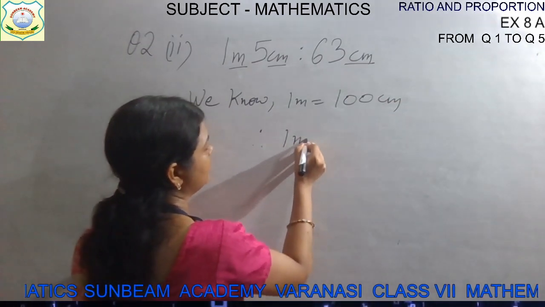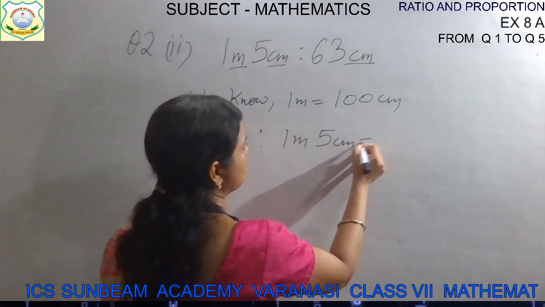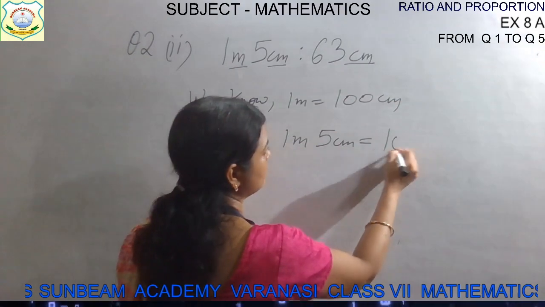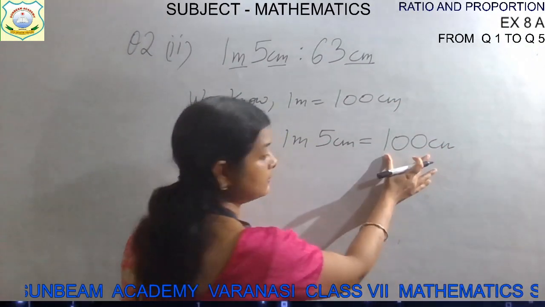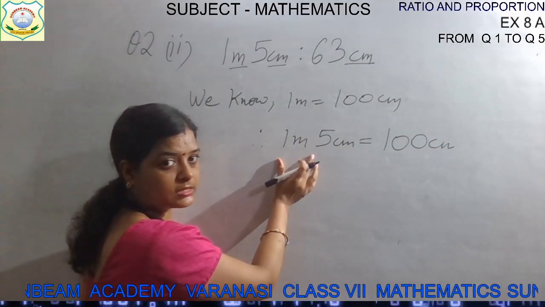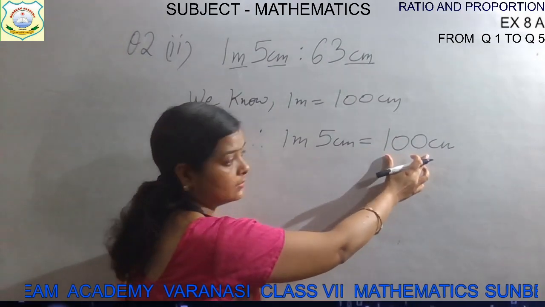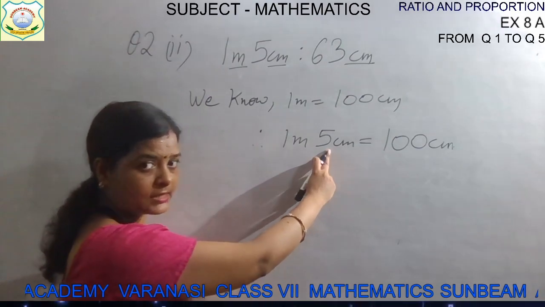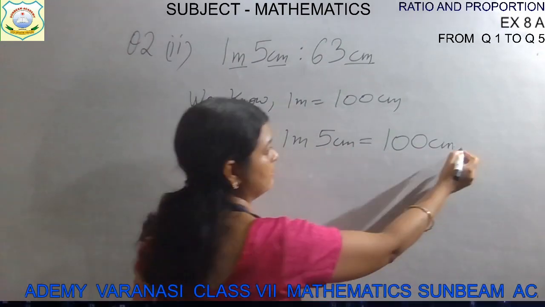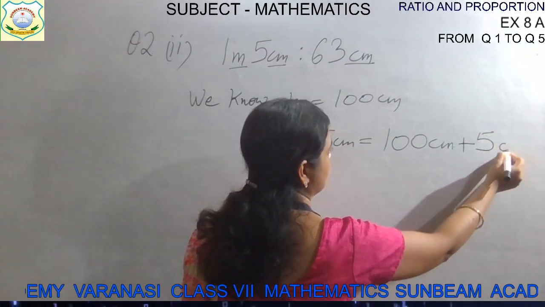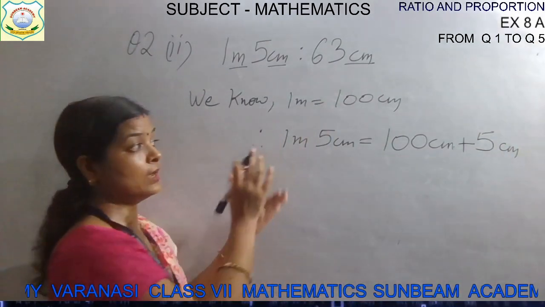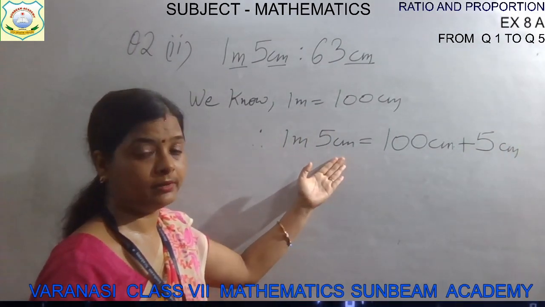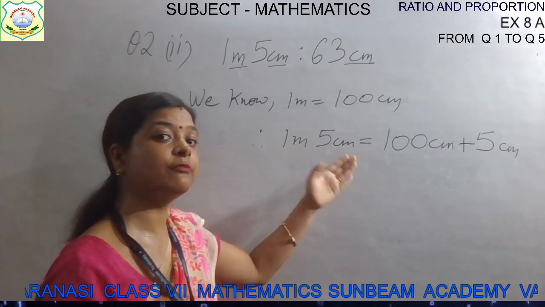Therefore, 1 meter and 5 centimeter is equal to, 1 meter will be converted into centimeter. And 5 centimeter is always in centimeter, so it will just be added with it. It is 1 meter and 5 centimeter.